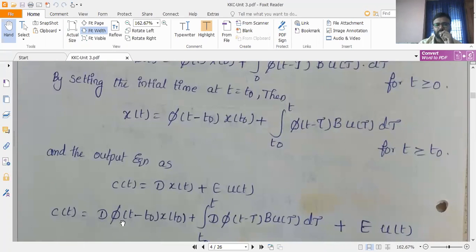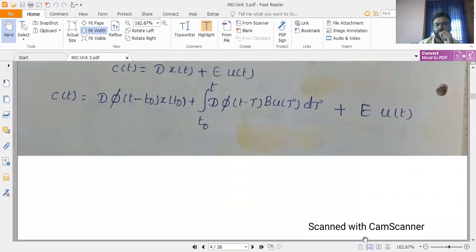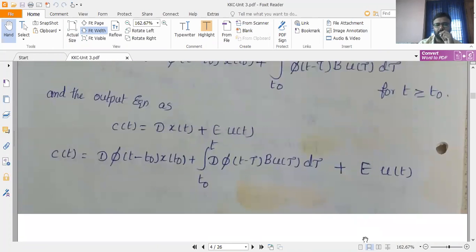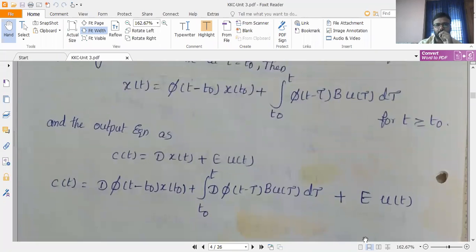So D into phi of (t minus t naught) into x of t naught plus integral from t naught to t D into phi of (t minus tau) into B into u of tau d tau plus E into u of t. Okay, so this is the final equation we have obtained.